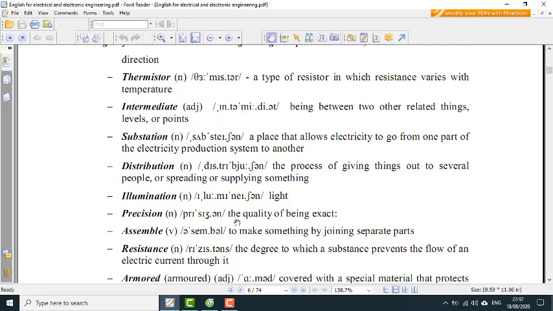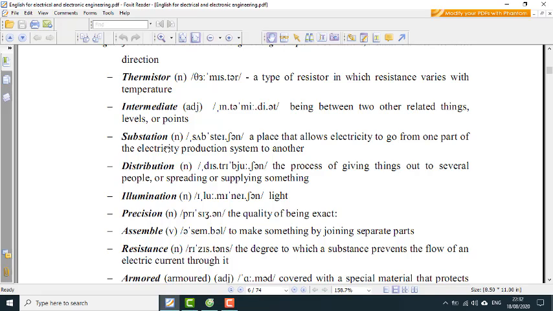Intermediate. Intermediate means being between two other related things, levels, or points. Substation.